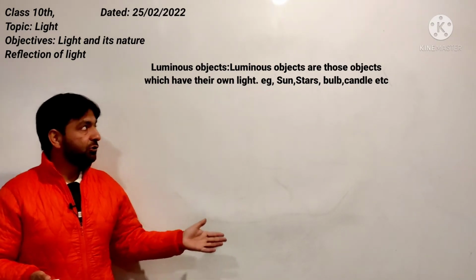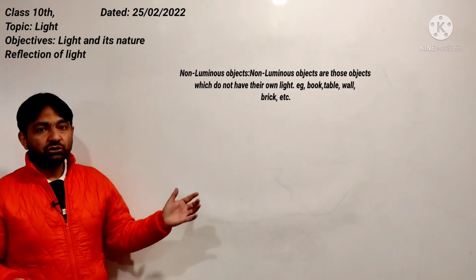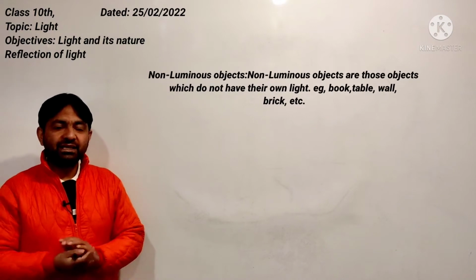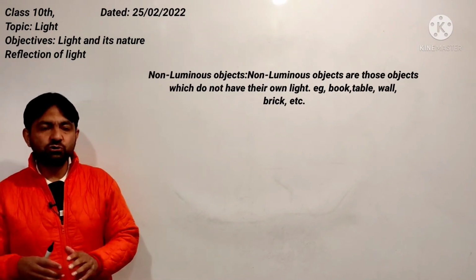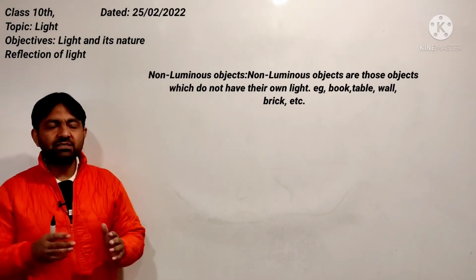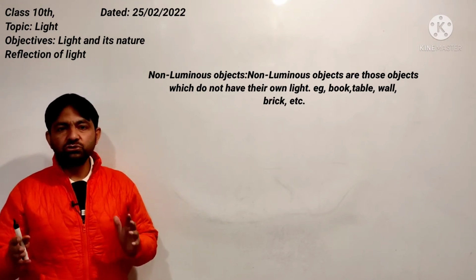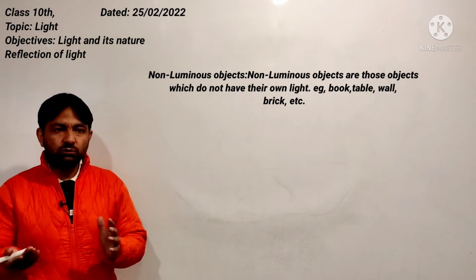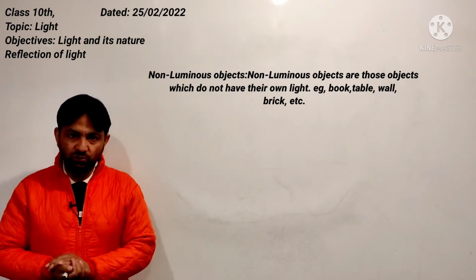On the other hand, you can see the definition. Non-luminous objects are those which do not have their own light. They only reflect the light of luminous objects, and because of reflection of light, we are able to see those objects which are non-luminous, which do not have their own light. Now, I will give you some examples of non-luminous objects.